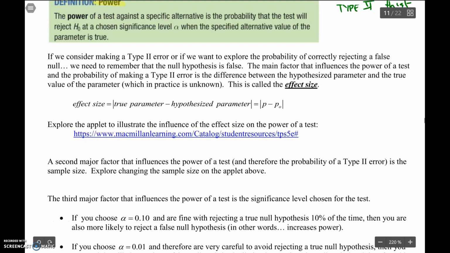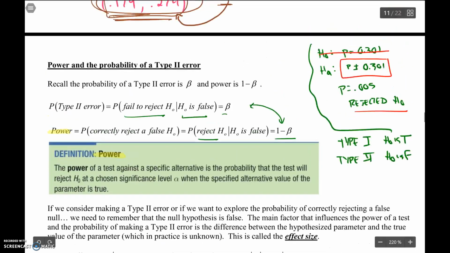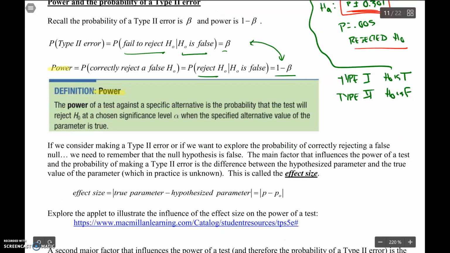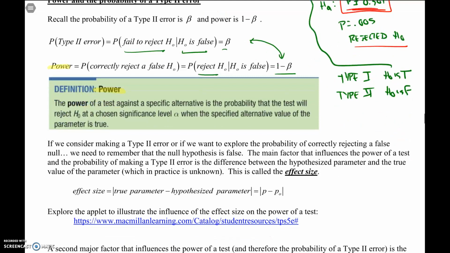So if we consider making a type 2 error, or if we want to explore the probability of rejecting a false null hypothesis, we need to remember that the null hypothesis is false. The true percentage is not 30.1%. So the first question you should ask yourself then is, well, then what is the true percentage?